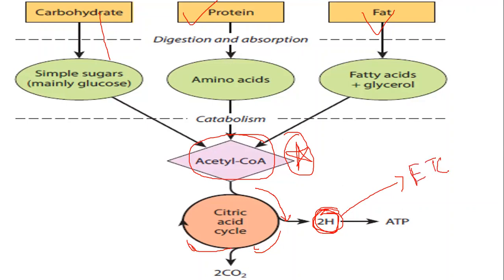In the electron transport chain, we use these electrons to convert electrical energy into chemical energy, and the chemical energy is ATP. Then this energy is used for various cellular functions.